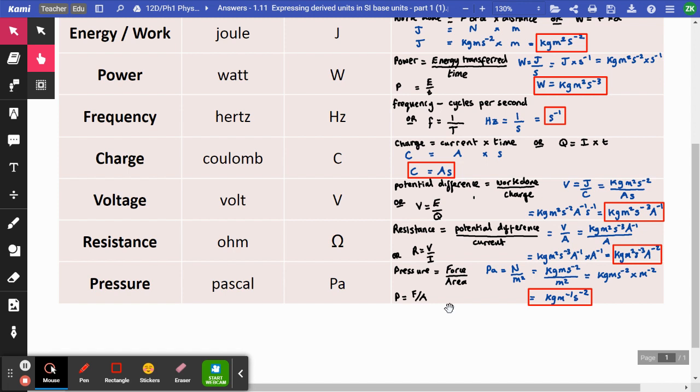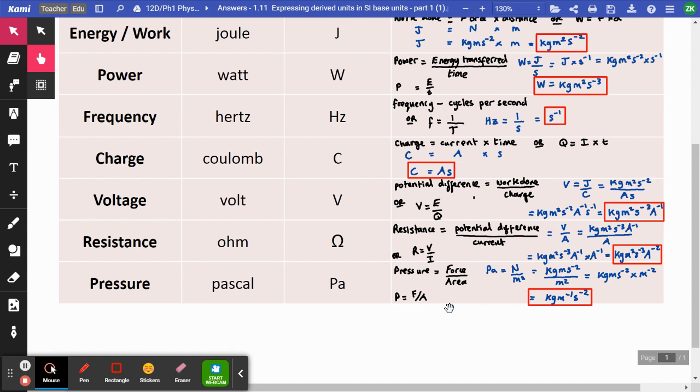Pressure measured in pascals, the unit is expressed as Pa. Pressure is, we know, force divided by area. So the pressure in pascals is force, which is newtons, divided by area, which is meters squared. We know newtons from earlier on is kilograms meters per second squared, and divide by meter squared, put it in indices form, and that's kilograms meters to the power of 1, and then we've got meters to the minus 2, that ends up with meters to the minus 1 when we add the powers, and then the seconds to the minus 2 stays there.